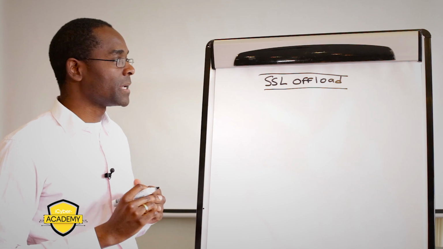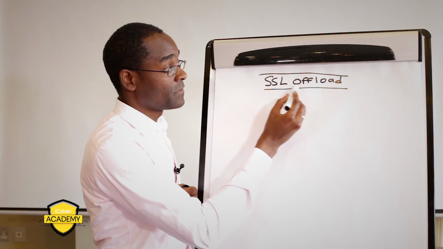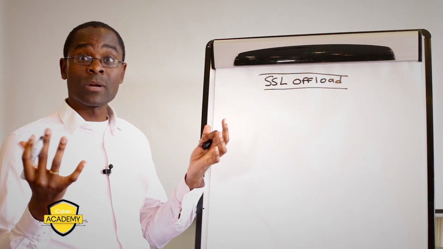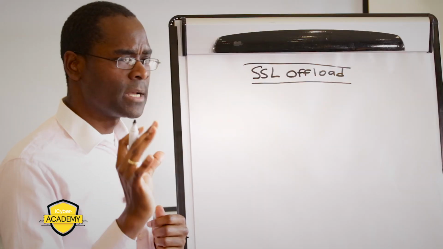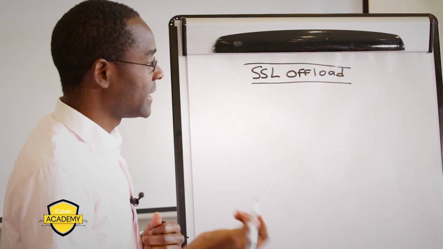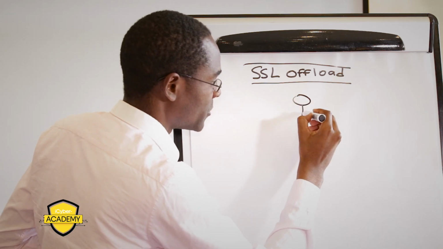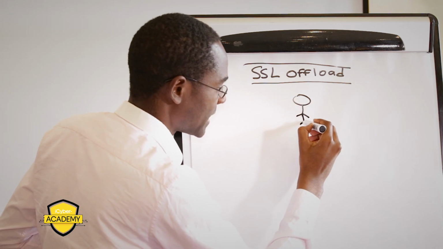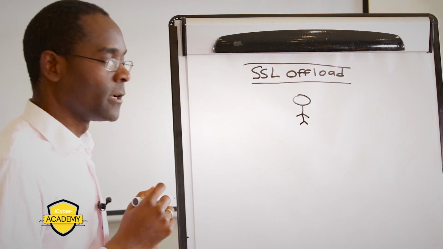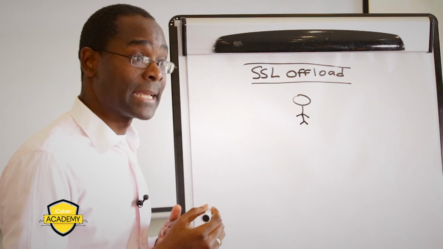But that's not the full topic of today. We're going to talk about something called SSL Offload. So what exactly are we talking about here? From a transaction point of view, think of a client. I'm going to draw this client here with, again, small legs, trying to connect to a backend system.